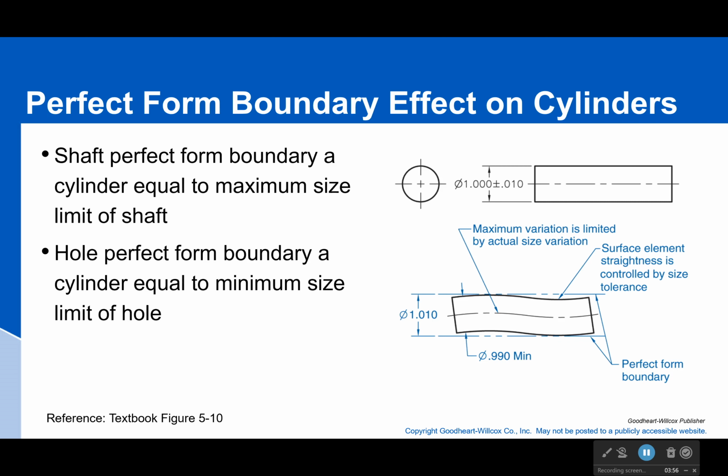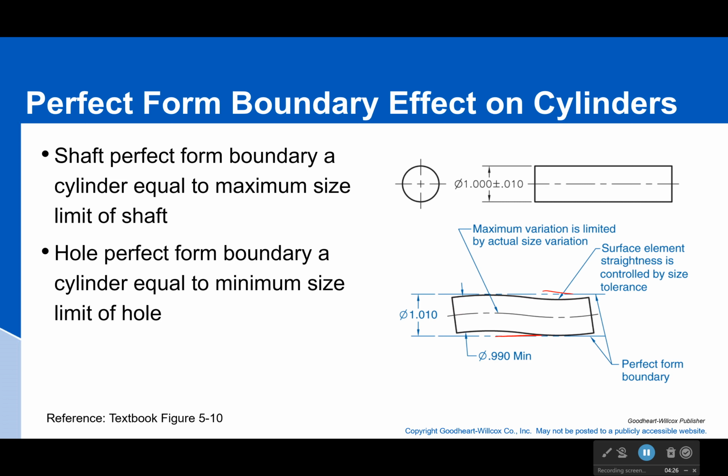Now, how does the perfect form boundary affect cylinders? Well, we've seen these before, so it's more or less review. The perfect form boundary will have a perfect cylindrical shape, and the shaft cannot at any point break through that perfect cylindrical shape. So we can have variation. It can vary in its straightness or in its circularity, but it can't break these boundaries unless some sort of exception is stated.